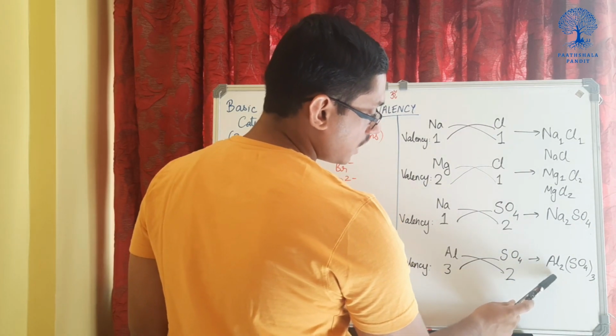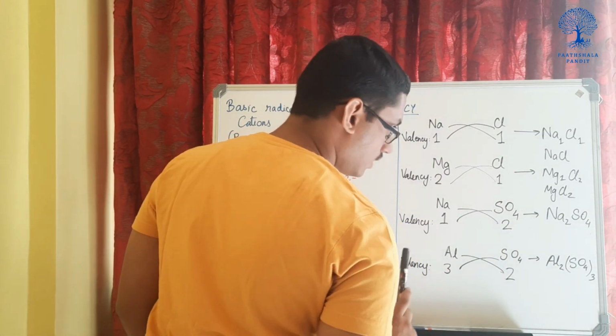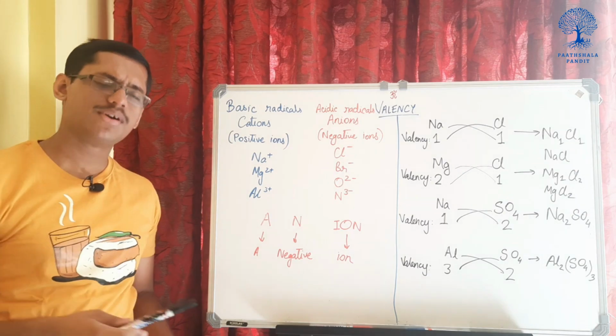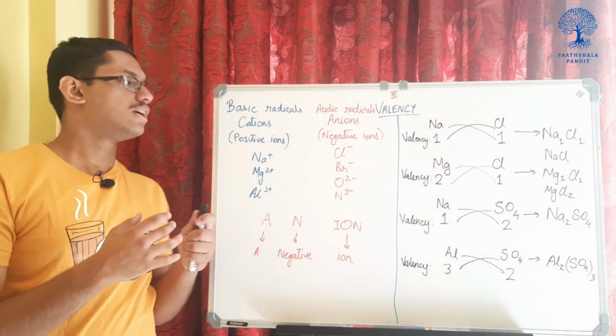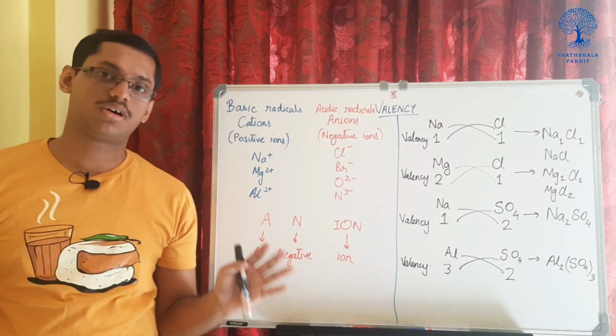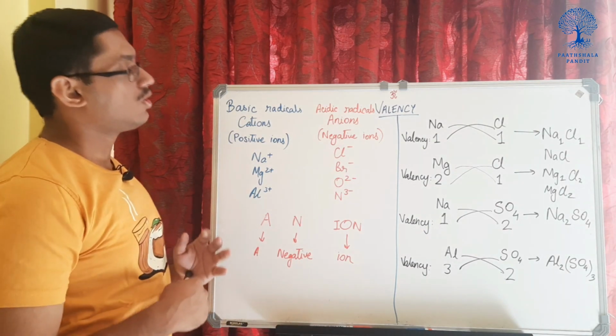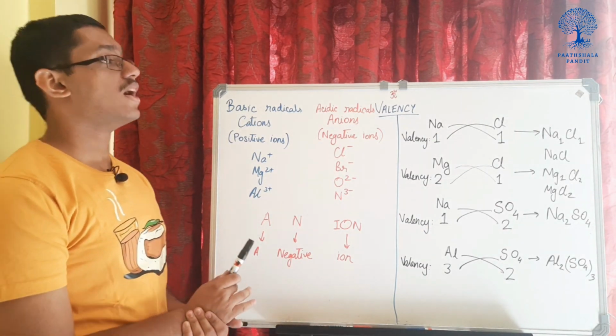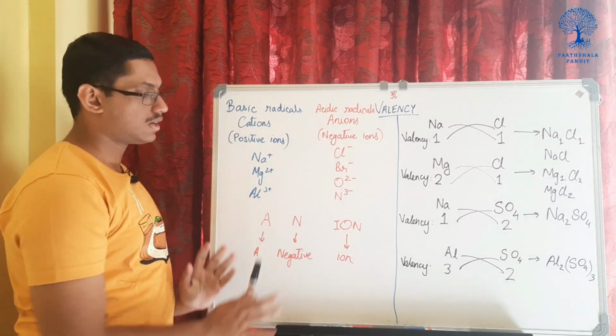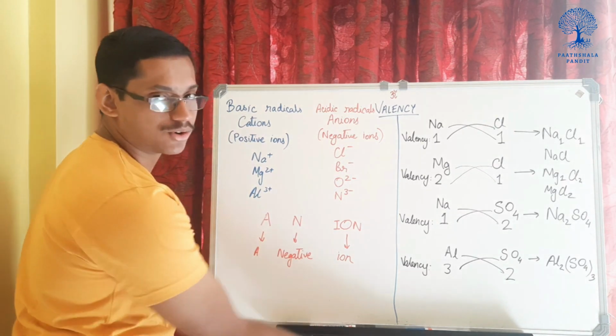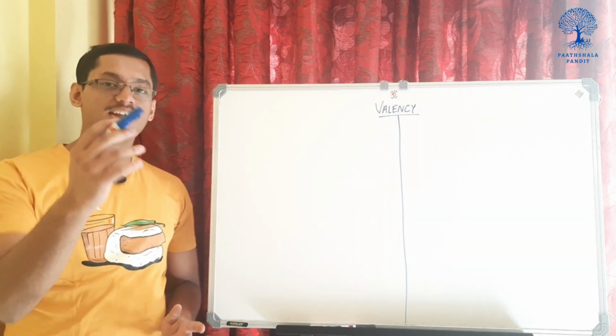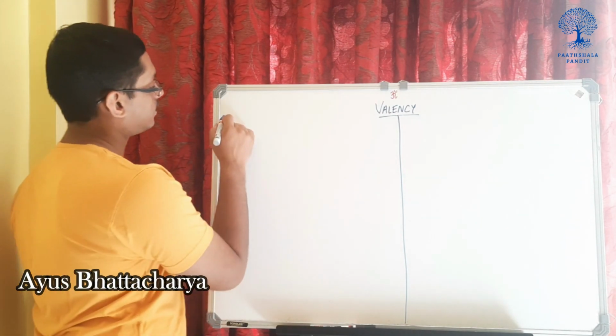This is aluminium sulfate. Okay, like this it is pronounced. I will give you a chart like that, and you can easily pronounce any compound. Okay, now the last topic is variable valency. Let me rub out this board, then we will see about it. Okay. Now let's see variable valency.